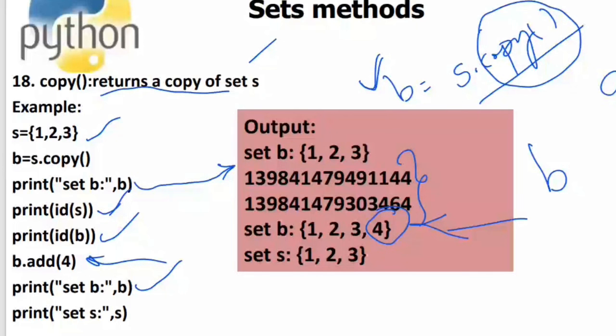I'm writing something in the Xerox, so that will not reflect in the original copy. Copy is something like that, making a Xerox of a paper. Any modifications you do in the copied set will not reflect in the original set. So I hope everybody understood what copy is.